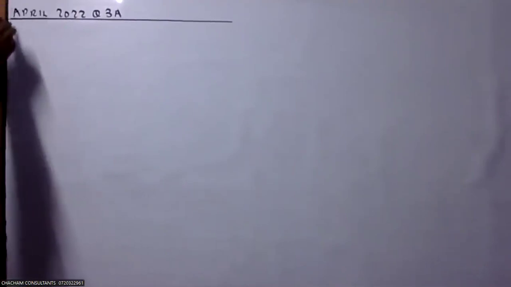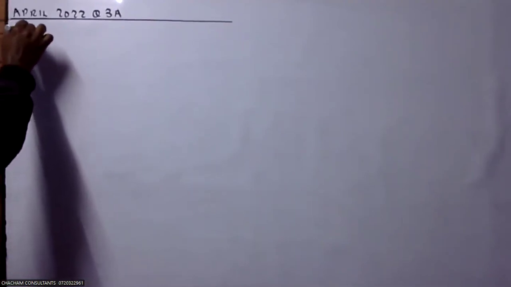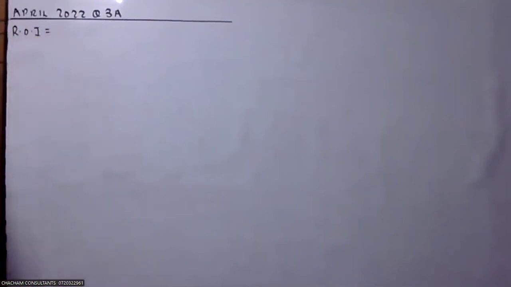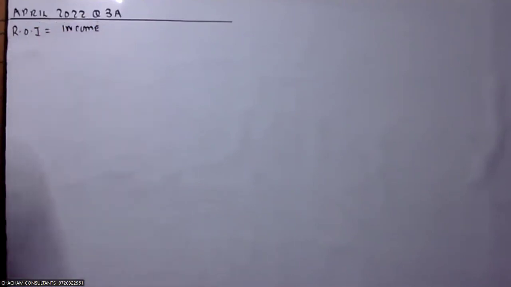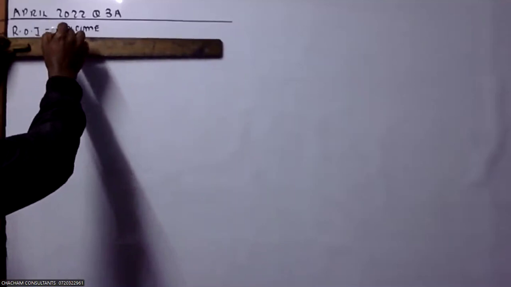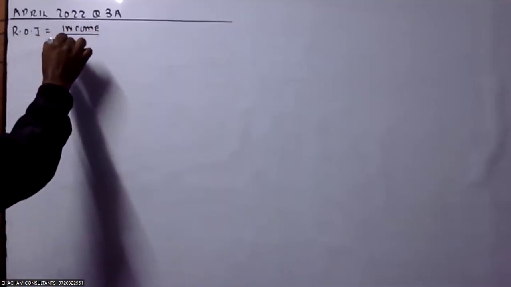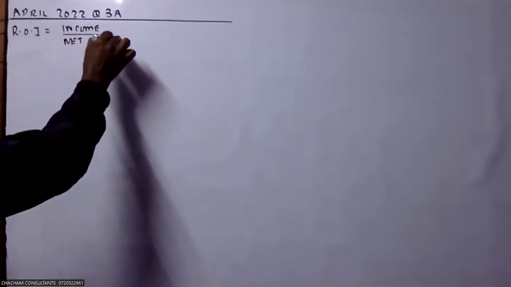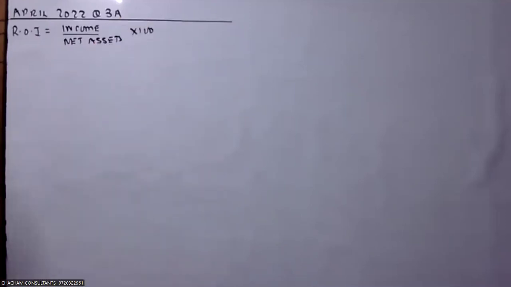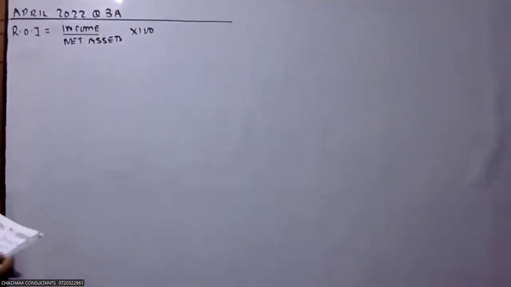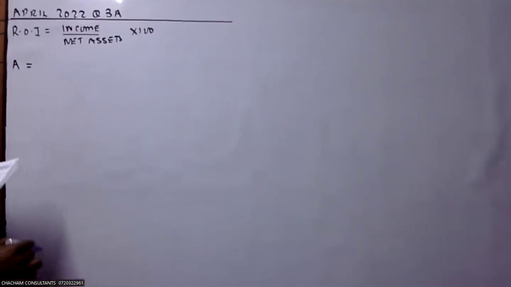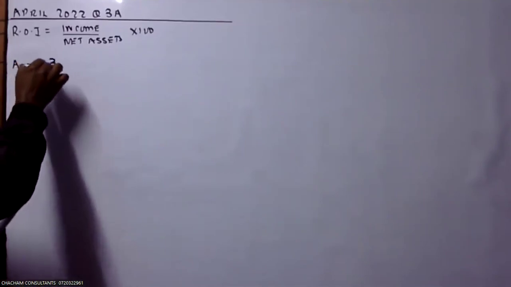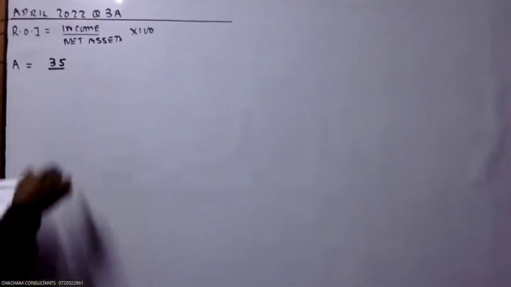So if we start on return on investment, the formula we have looked at has said it is income divided by the net assets. You can multiply by 100. So for division A, the net income is 35 million and the net assets are 150.